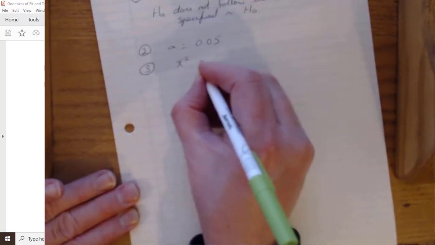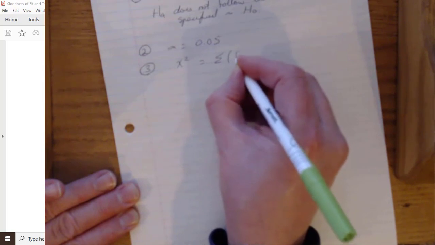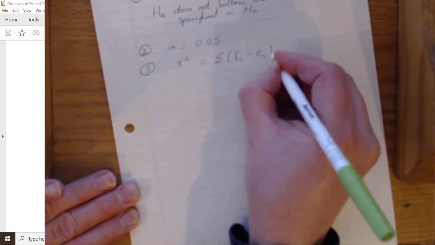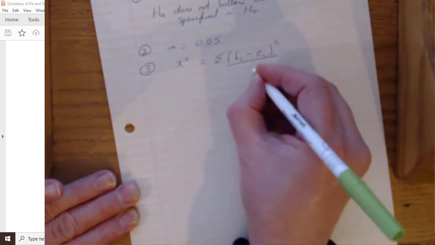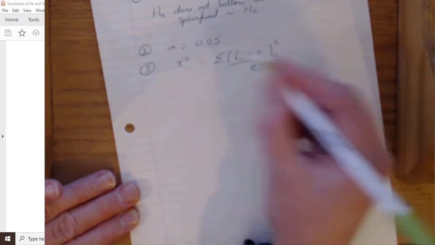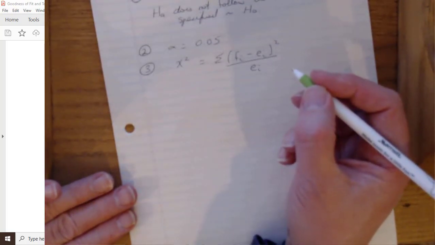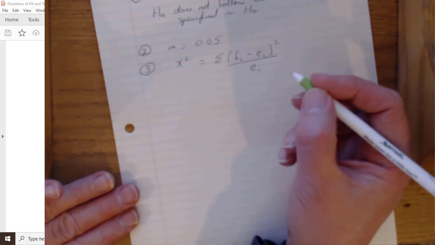So we have our chi-square test statistic, right? Observed minus expected squared all over the expected value, and we sum it up for every single observed item within this problem.